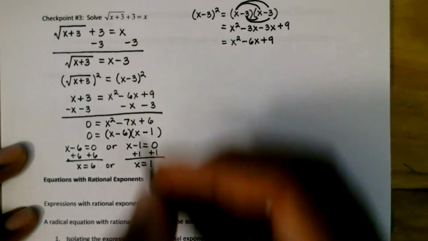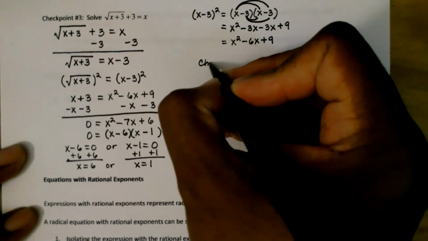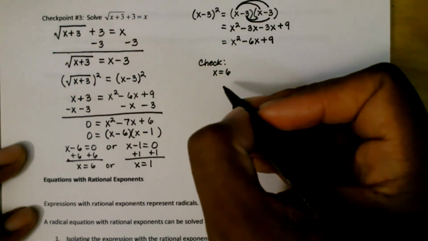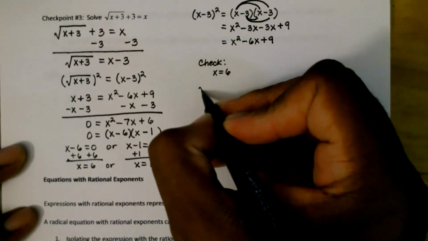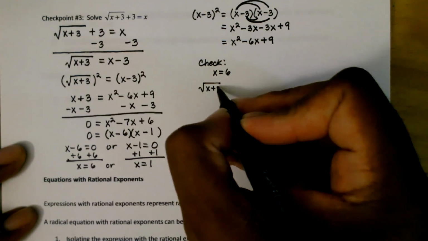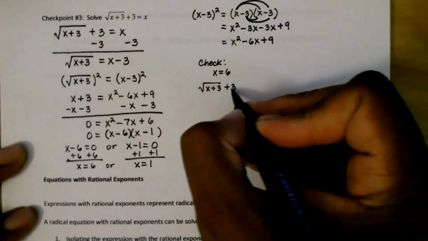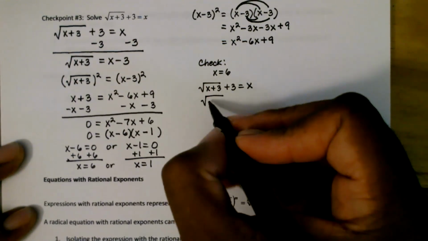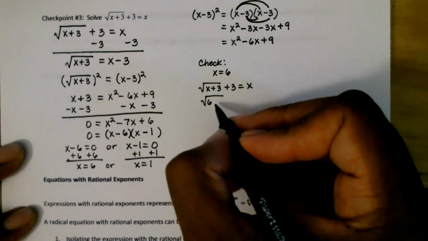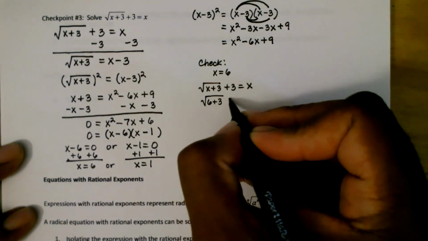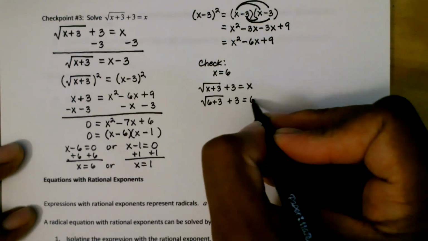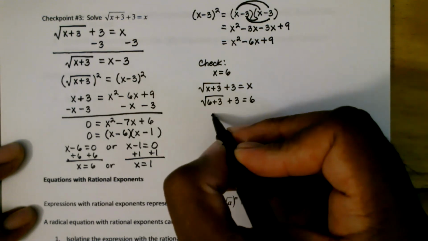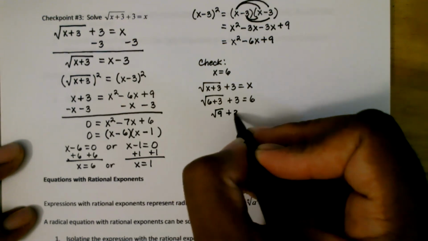But one of them is the real solution. So this is where we do the check for each of those proposed solutions, starting with x is equal to 6. And my equation is the square root of x plus 3, and then plus 3 equals x. So I'm going to substitute each x with 6 in this equation. So I have the square root of 6 plus 3, and then plus 3 is equal to 6. 6 plus 3 is 9, so I have the square root of 9 plus 3.